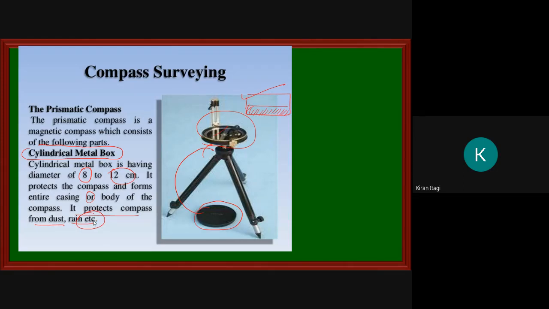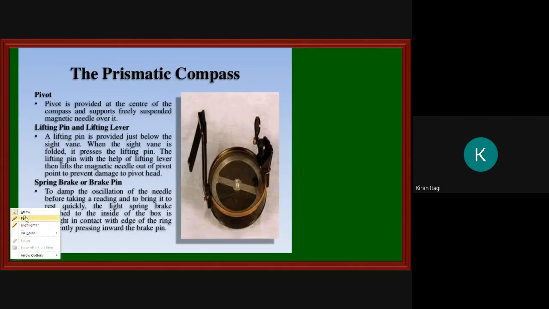Next we have the pivot. I have shown you that it will be at the downside and will be supporting. The pivot is provided at the center of the compass and supports the freely suspended magnetic needle over it. Over means above this, the magnetic needle will be suspended.